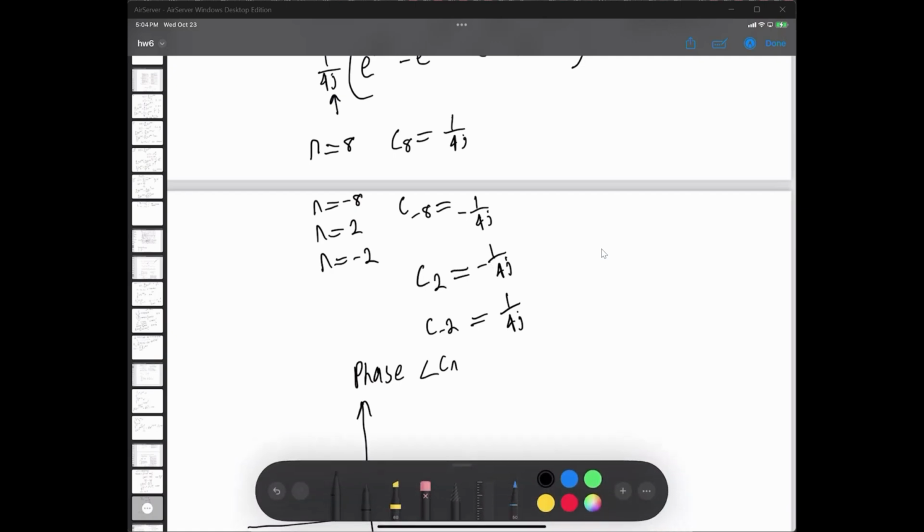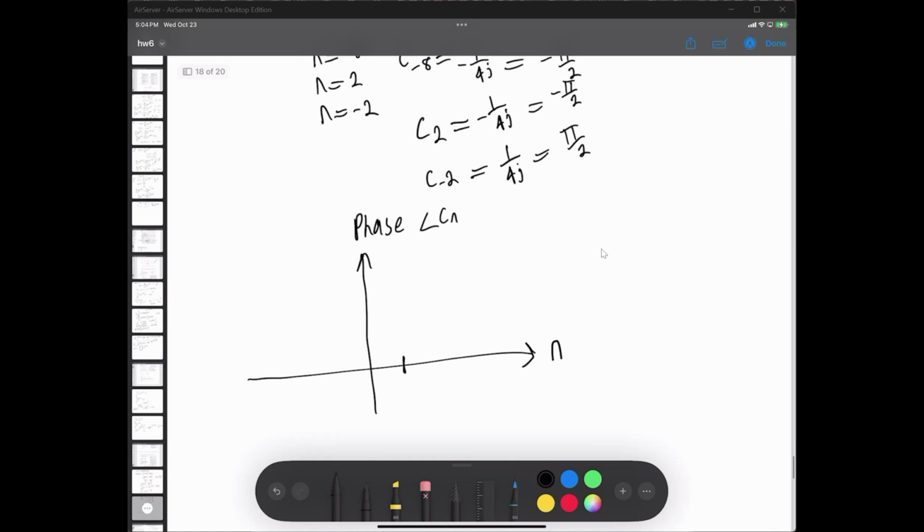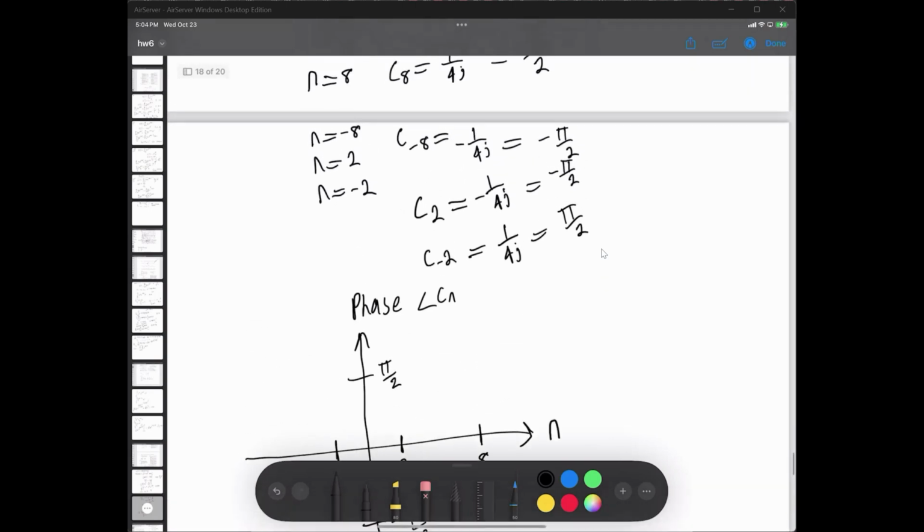The phase is pi over 2, negative pi over 2, negative pi over 2, and pi over 2, and so on. At 2, negative 2, and then at 8, negative 8, we go from pi over 2 to negative pi over 2, something like that.